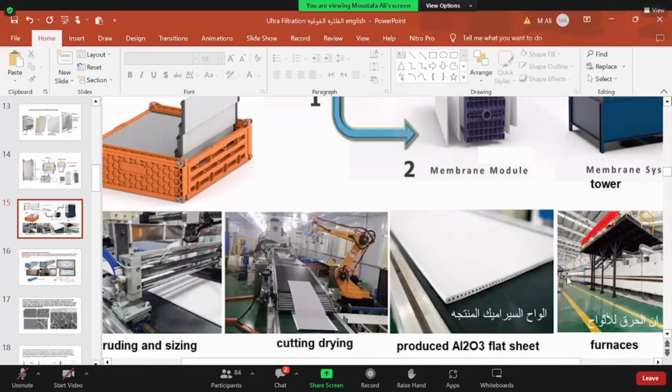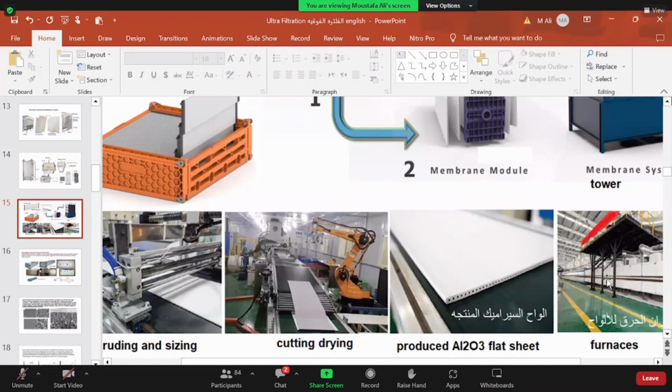You can see this very long production line, a very long furnace with heaters, which can be operated by gas or by electricity.